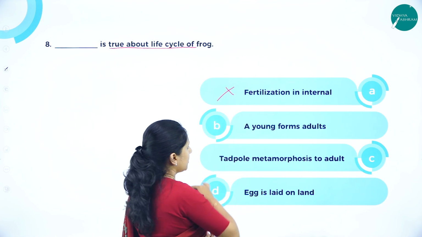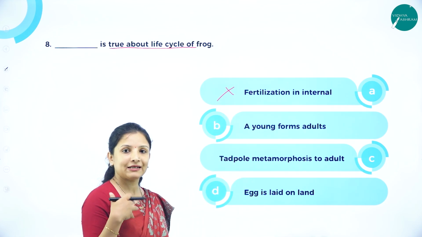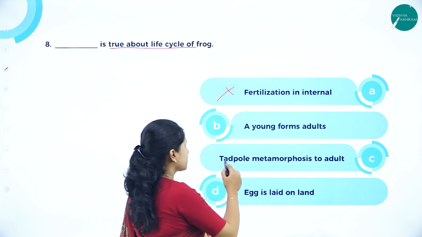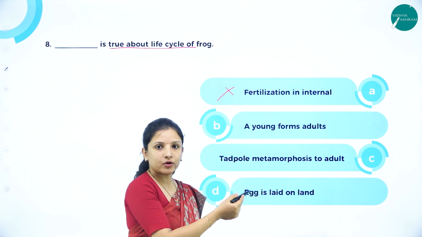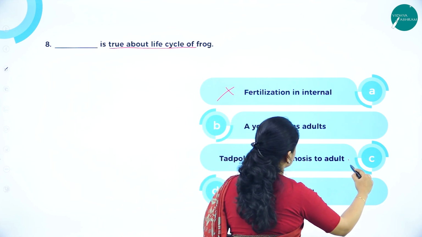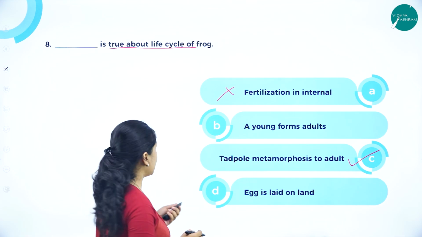So, this is not right. A young forms into adult? No, a young frog doesn't directly develop into an adult, but will form a tadpole which will metamorphose into an adult. Egg is laid on land? No, egg is not laid on land by the females. It is laid in water. So, therefore, option C is the right answer here because tadpole metamorphosized to an adult.